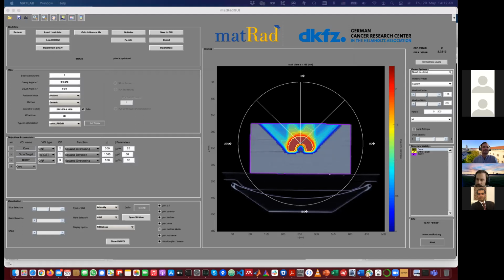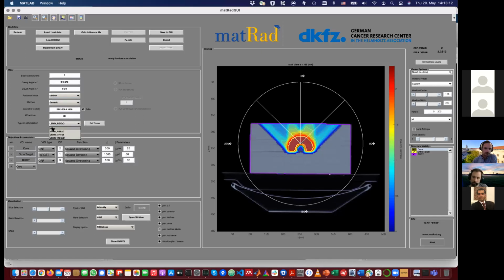Now, I would suggest to move on now to carbon ions. So what we do now is we switch the radiation mode to carbons. And I would like to define the type of optimization.